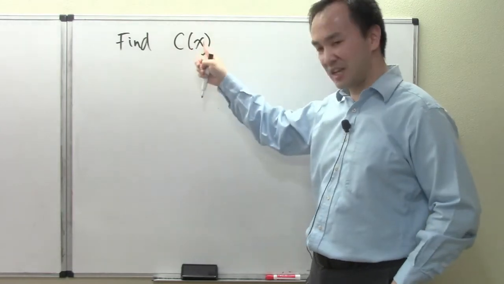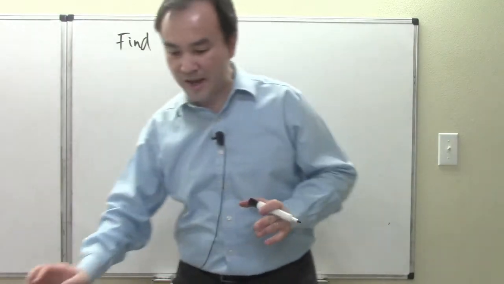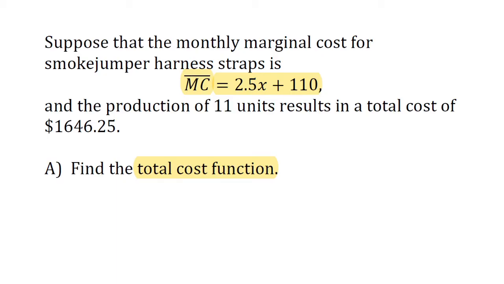So capital C here is the function for cost. But now if we're looking back at the description of our problem, what we have given is the marginal cost. Okay, so this 2.5x plus 110 right here is our marginal cost.